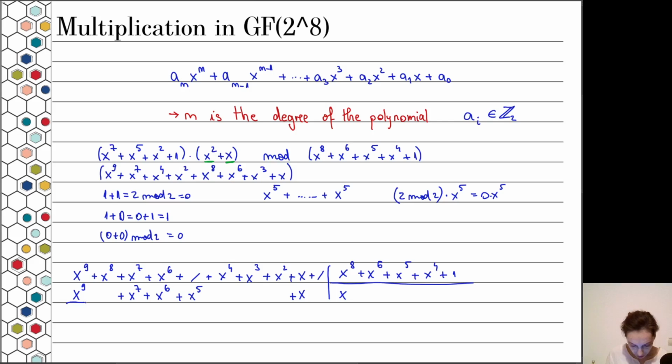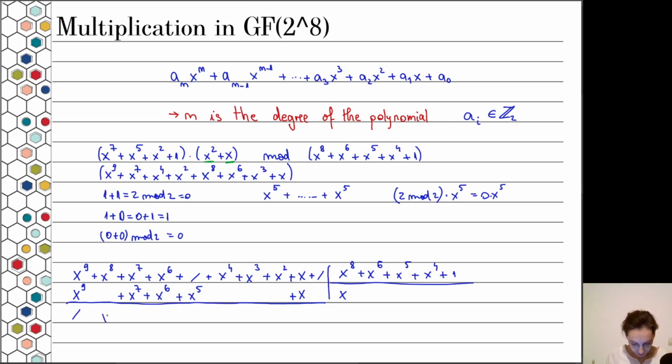So now we will add the coefficients. 1 plus 1 modulo 2 is 0. So here we will have 0, which means nothing.